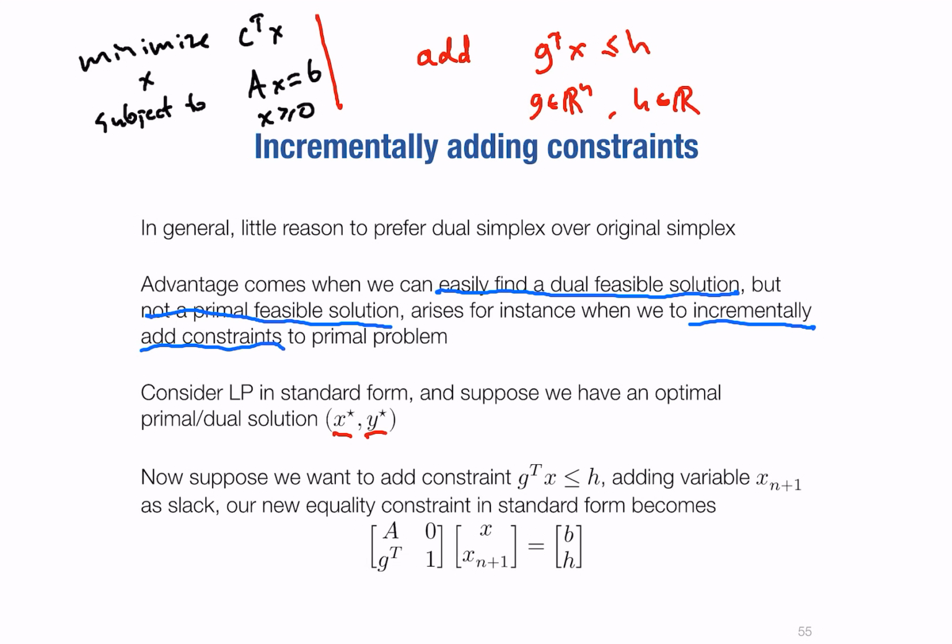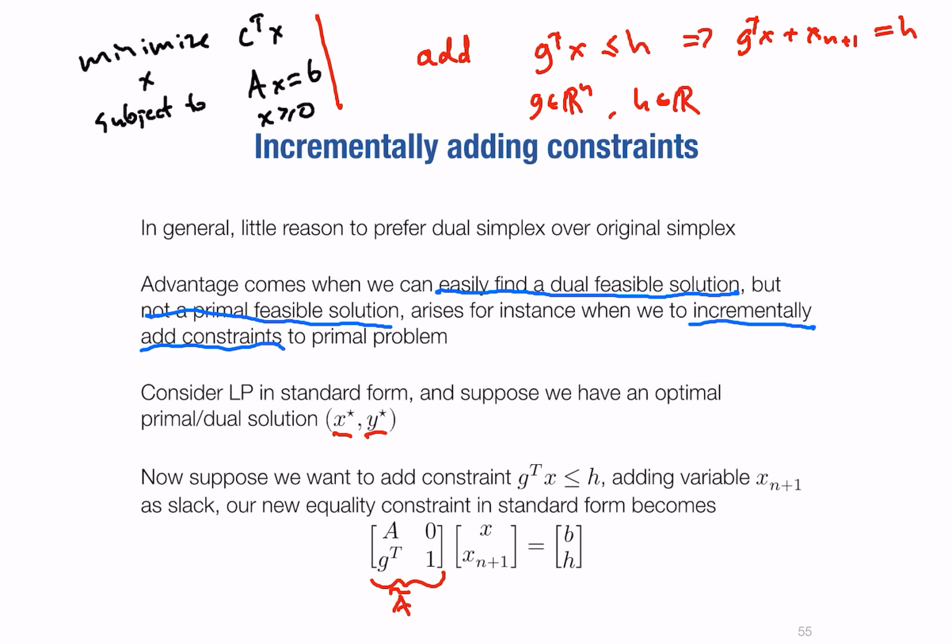Now, of course, the way we do this in standard form is that we augment our A matrix. So we have a new A matrix here. The way we do this is we translate this into G transpose x plus x_{n+1}, a non-negative variable, equals h. That's how we do these things. And so this becomes our new A matrix.